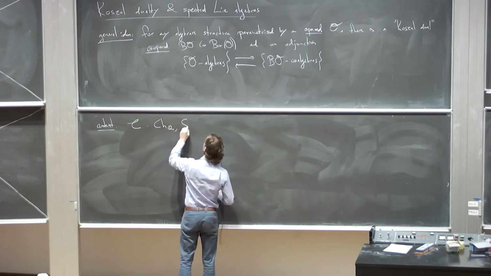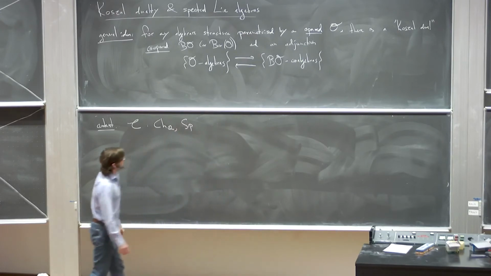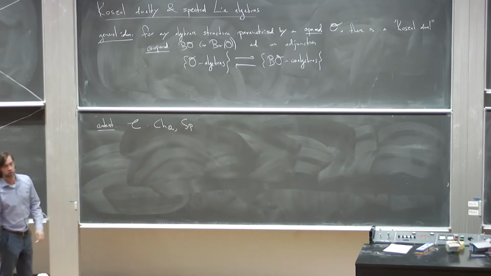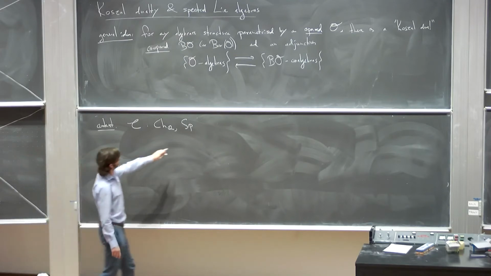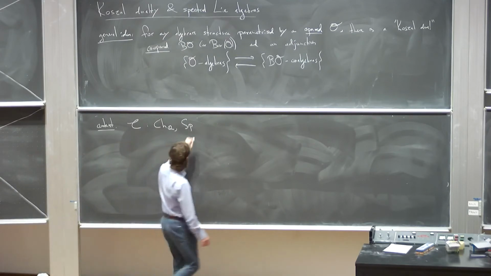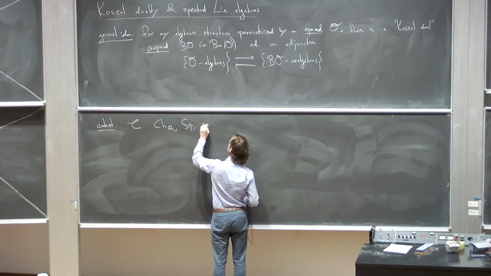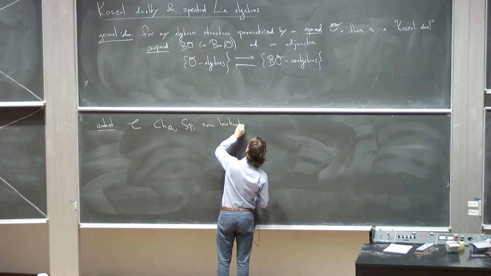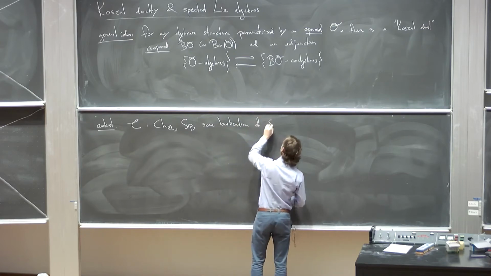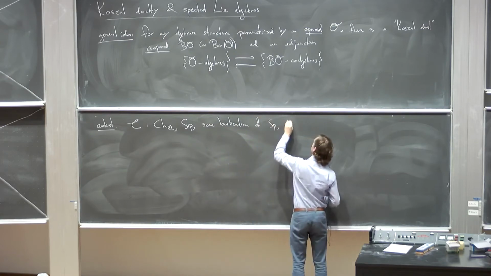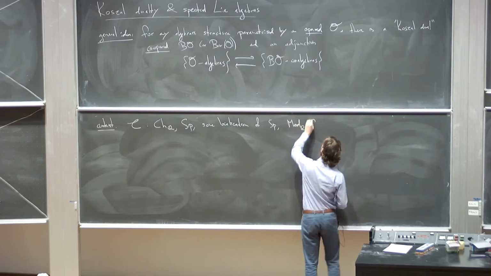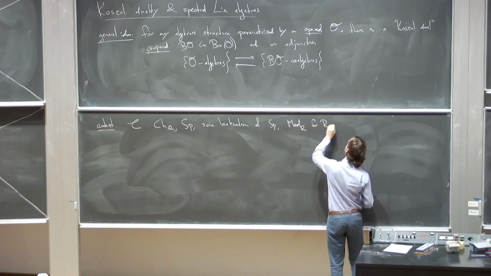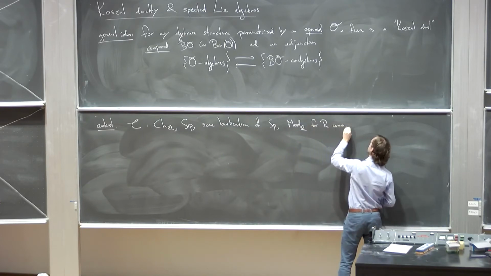I could be talking about spectra. This is different notation than the previous talk, but I'm so used to it, I'm not going to change it now. It could be some localization of spectra. It could be maybe modules over R, for R a commutative ring spectrum, etc. These types of things.